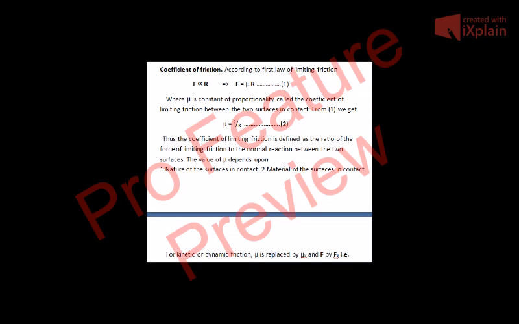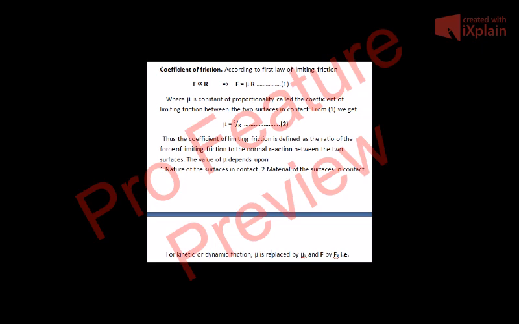So mu is the coefficient of limiting friction, and as you can see it is a ratio of the force of limiting friction to the normal reaction between the two surfaces. And normal reaction, you must remember, is the force which acts upwards against the force of gravity.